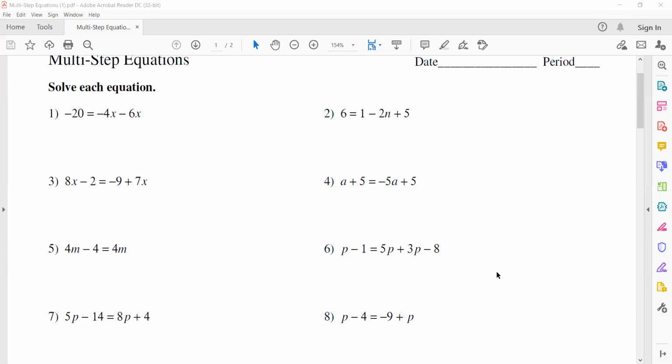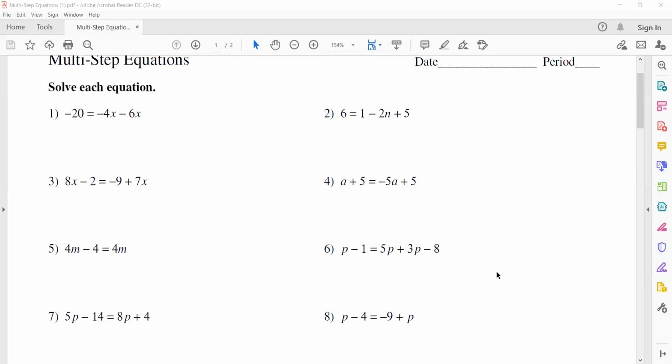And you can always check your answers on any of these. Plug it back in where x is. Do the calculations. Since these are equations, one side has to end up being equal to the other. Everybody okay so far?